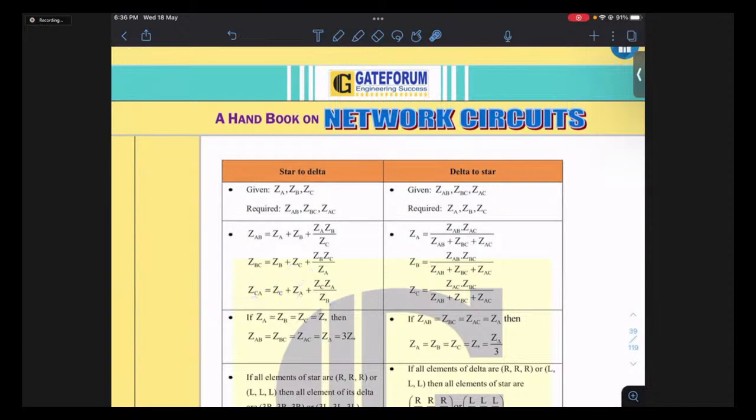And students, one thing you can see here: suppose all these values are the same. If ZA equals ZB equals ZC and its value is Z star, let's say, then substituting, what do you get? You get 3 Z star. You substitute Z star everywhere, so 2 Z star, and here 1 Z star will cancel, so it is equivalent to 3 Z star.